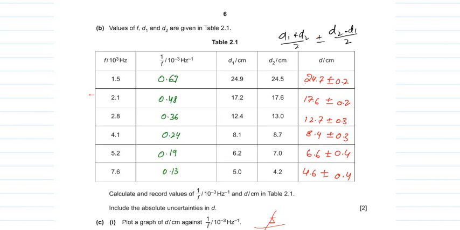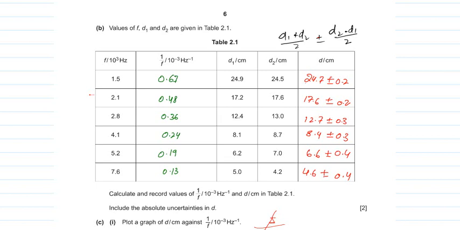Then we will get 1 over f: 0.67, 0.48, 0.36, 0.24, 0.19. And of course, since f is in the denominator, 10 power 3 will be 10 power minus 3, right? So we will be plotting 1 over f on the x-axis, and remember, this is 10 power minus 3.